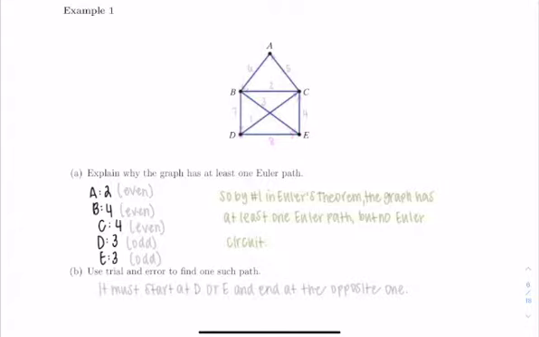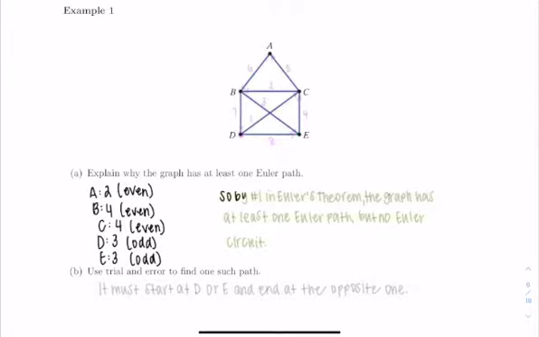So now looking at the degrees of all our vertices, we know that A is even, B is even, C is even, D is odd, and E is odd. So let's look at Euler's theorem. If a graph has exactly 2 odd vertices, which is what we have, that means it has at least one Euler path but no Euler circuit.